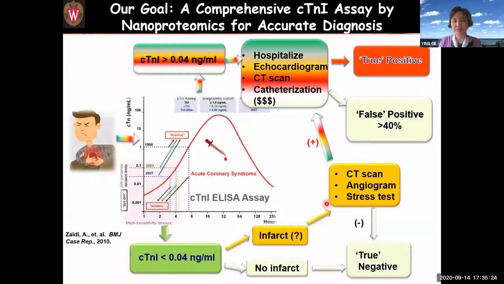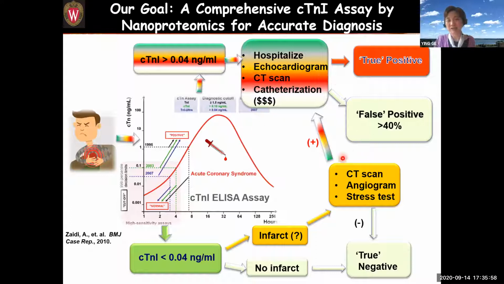This is because the current ELISA assay is pretty good at excluding the patients who actually don't have a heart attack. But there are so many patients with elevated cardiac troponin I, and only a portion of them actually, after hospitalization, cardiogram, CT scan, and catheterization, are released from the hospital.